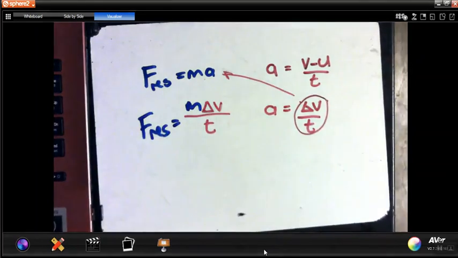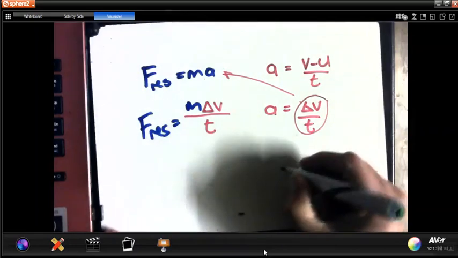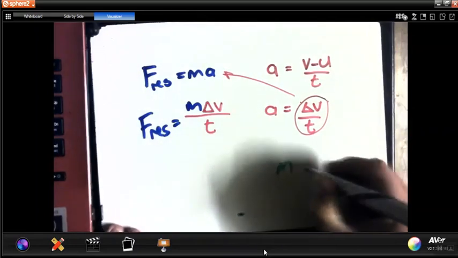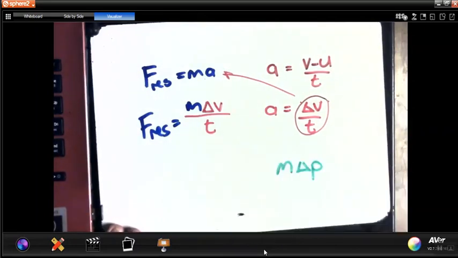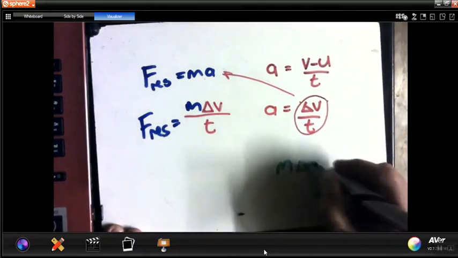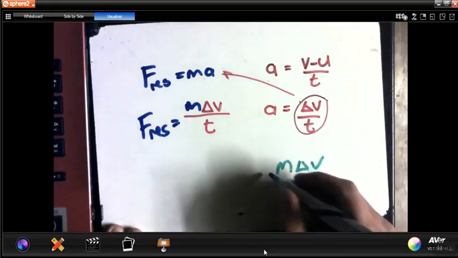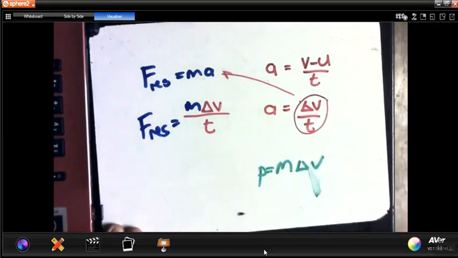What do you notice? Where have you seen mass times change in velocity before? Okay, I gave it away: in momentum.